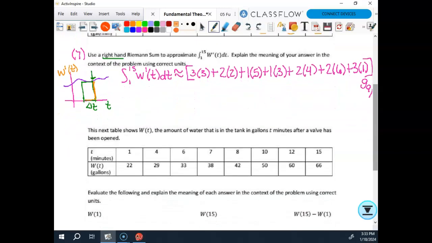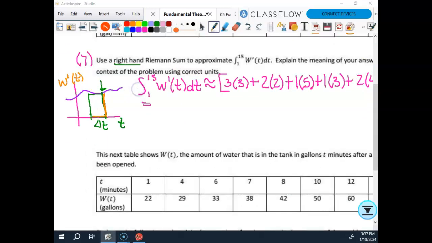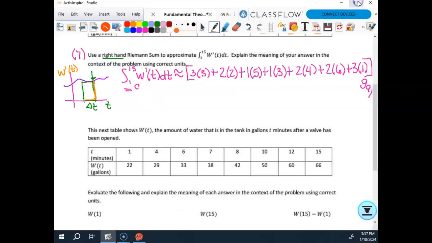All right, so that is going to equal, oh, what did I just do? Okay, well, hang on a second. All right, that equals 9 plus 4 plus 5 plus 3 plus 8 plus 12 plus 3.